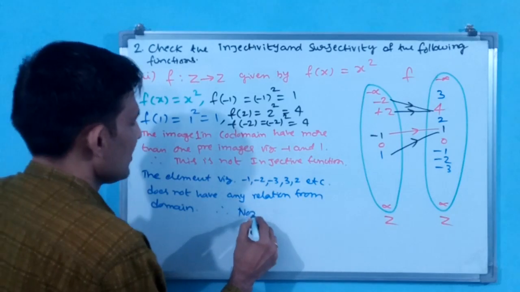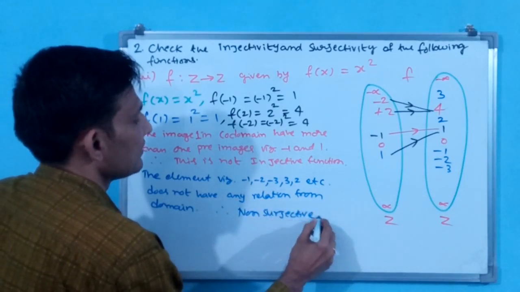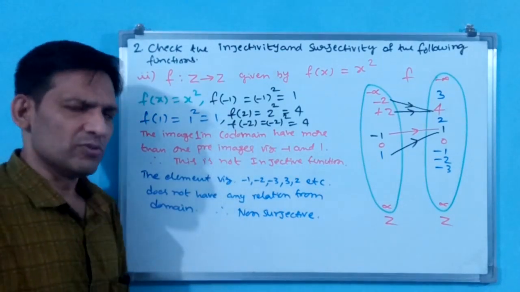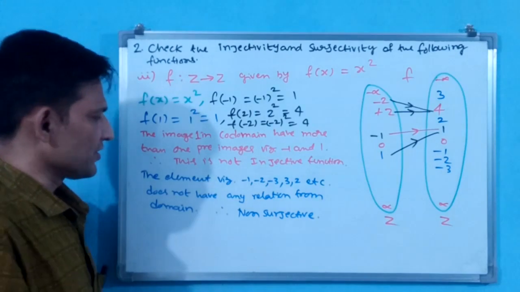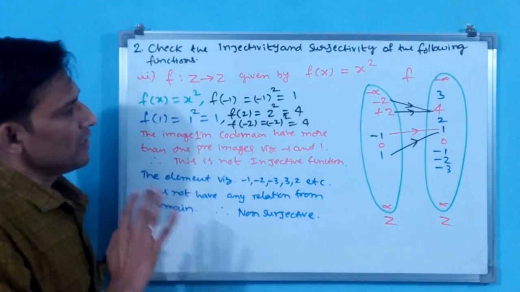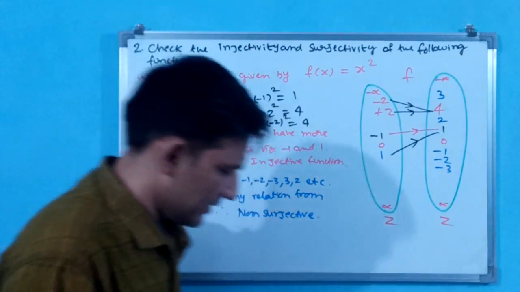Therefore, non-surjective. Non-surjective or not surjective, both are correct, not wrong. Okay. Now we finished this second part of your question. We go for the third part.